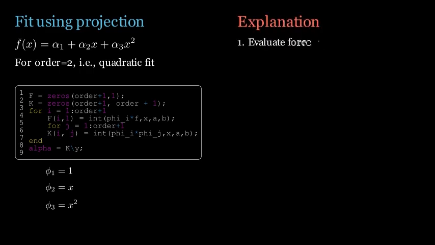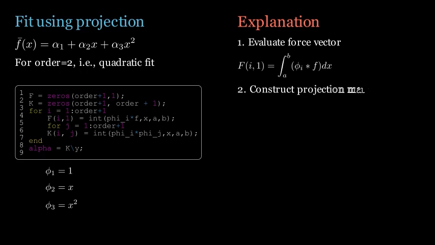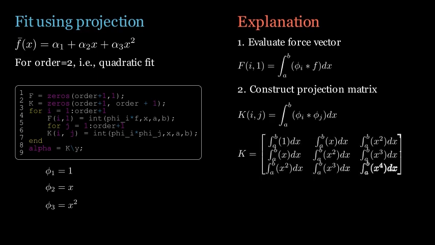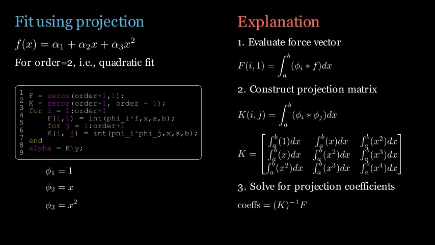So now we form the f vector, which will be phi_i times the exact function integrated over the domain, while K_ij will be phi_i times phi_j integrated over the domain. For this particular example, since we know all the phi_i and phi_j, K will be a 3 by 3 matrix corresponding to these values. And now we just do the inversion to find the coefficients alpha.